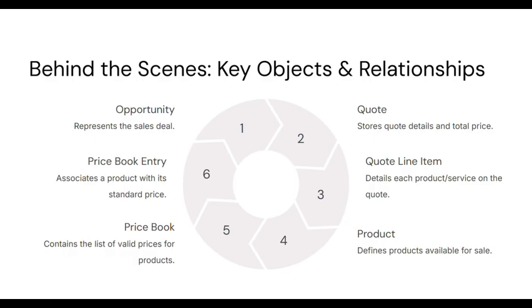Next, we have price book. Now every product needs a price. That is where price book comes in. They hold a list of valid prices for your customer. You can have a standard price book and multiple custom ones like an enterprise price book or partner price book.